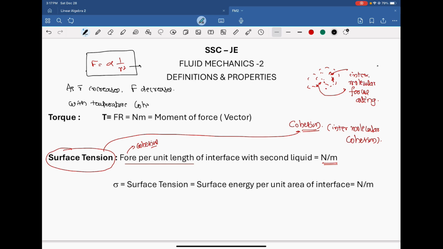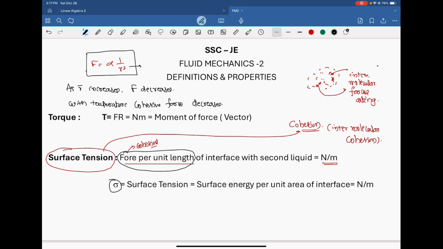That means whenever cohesive force decreases, the surface tension, cohesive force per unit length of the interface, decreases.